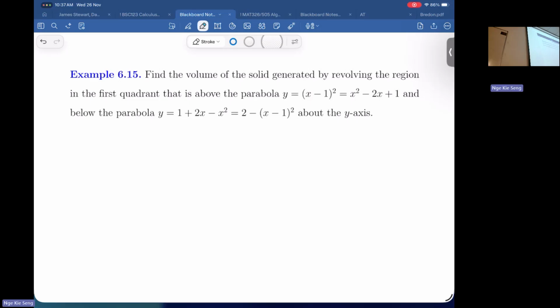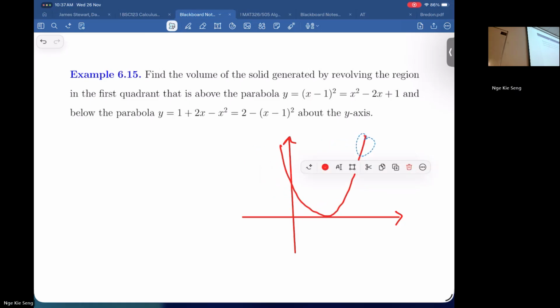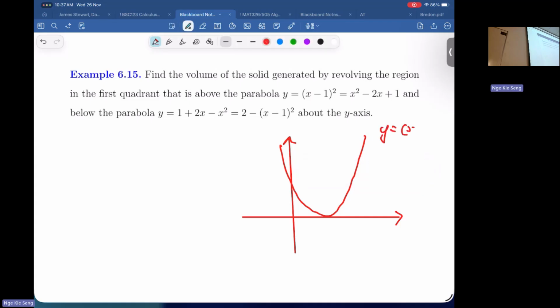Okay, so let's try and draw it. y equals (x minus 1) squared is easy, because this is just y equals x squared, and from the first week of material, we know that it is shifted to the right by 1. How about the second one?